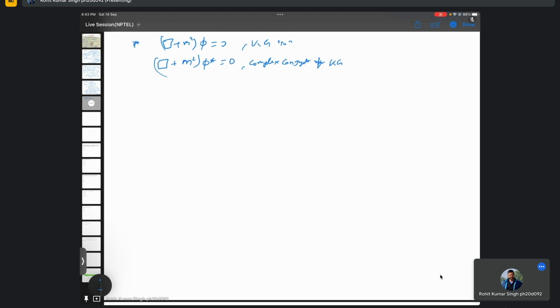Now if you multiply this equation by the complex conjugate of phi, and this by phi, and subtract both, you will get this.